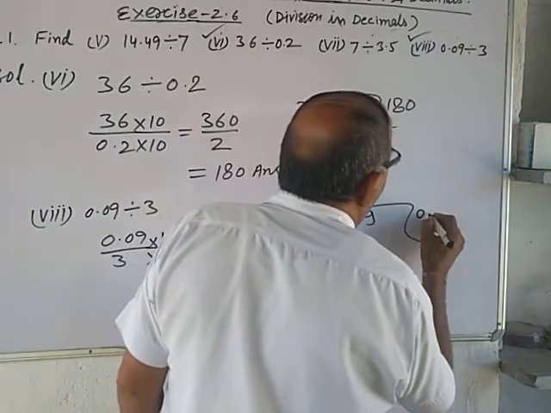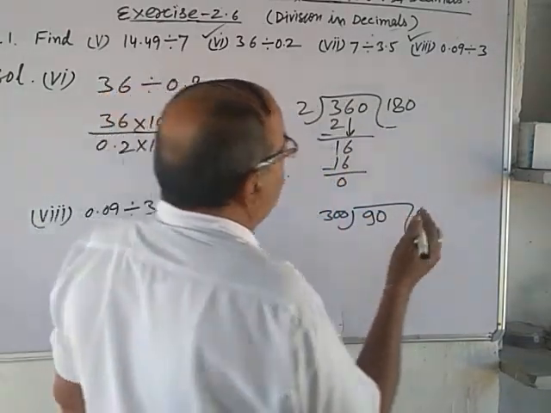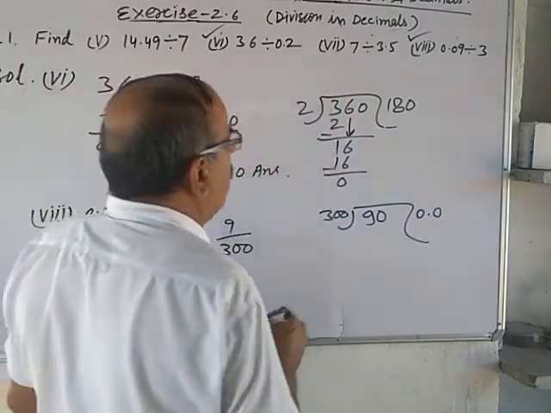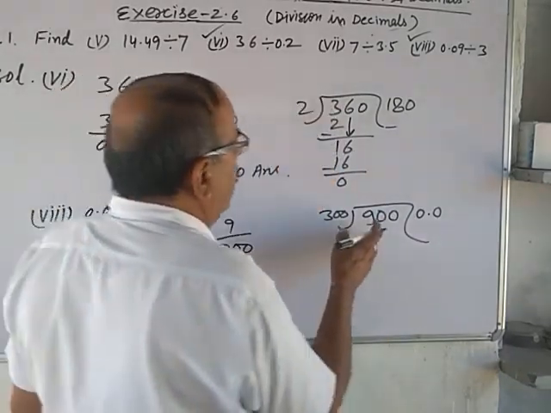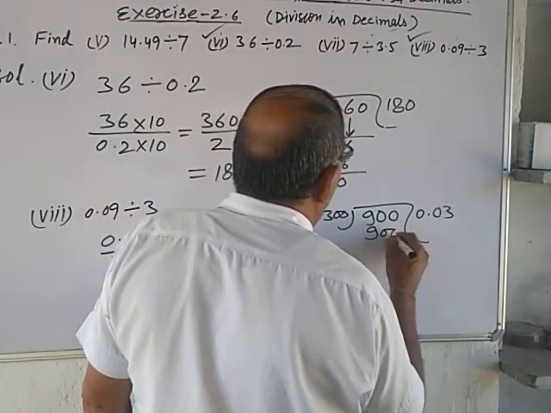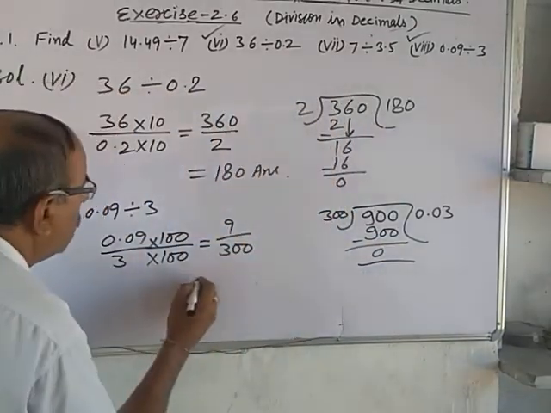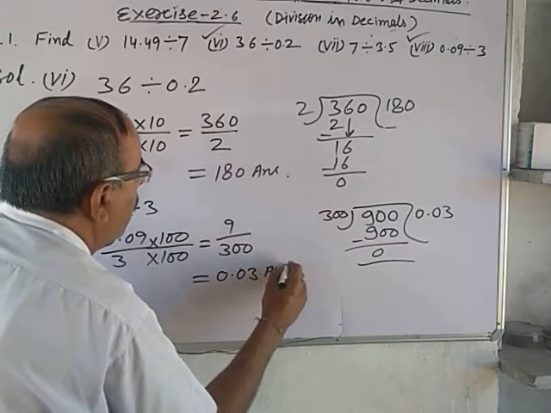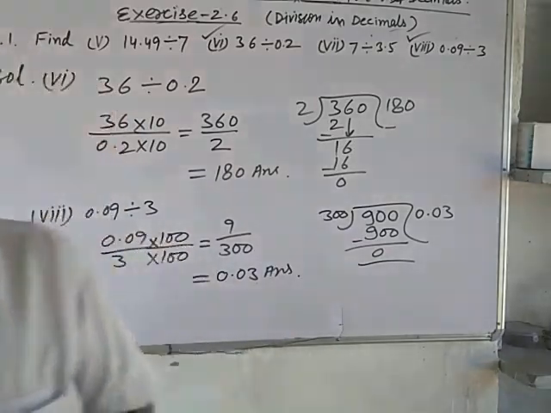Put the decimal and put the 0 with the 9. This is not divisible, so the result is 0, and we put 0 with 90. It becomes 900 and 300 3s are 900. The remainder is 0, so the answer is 0.03.